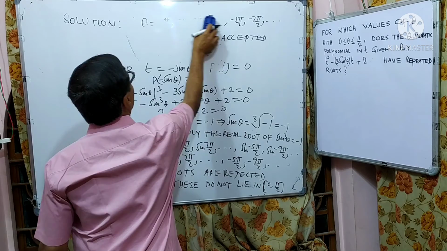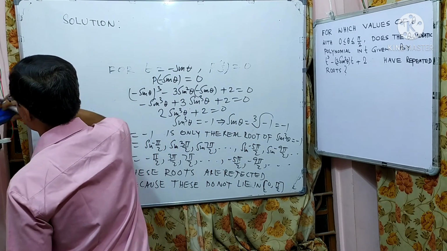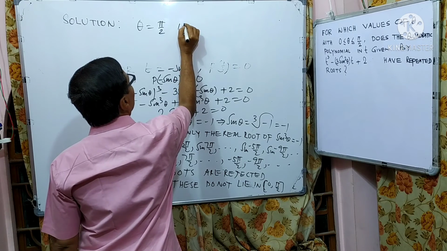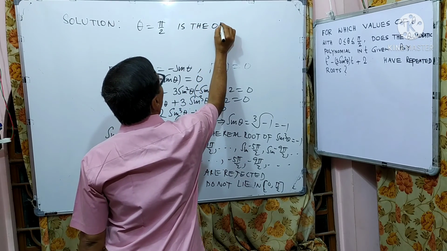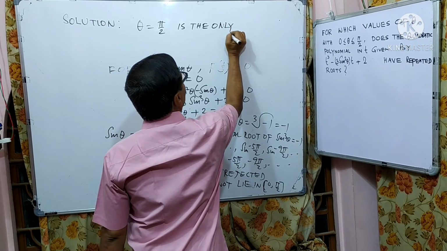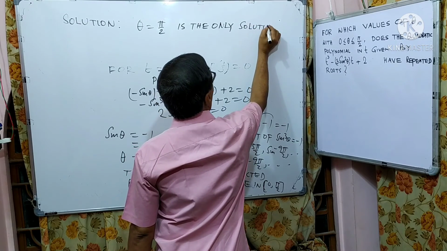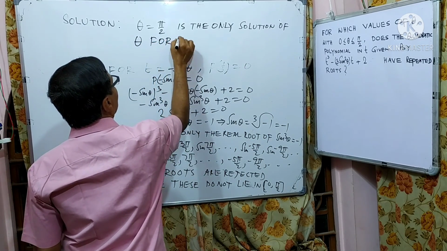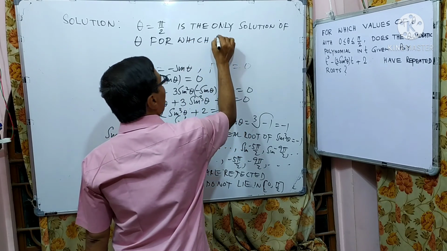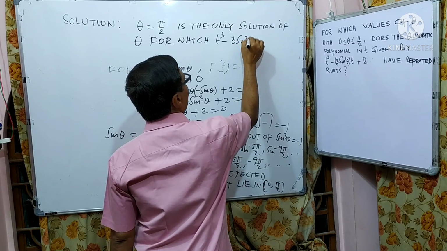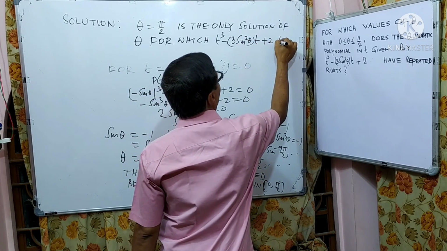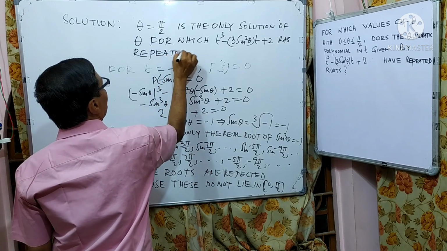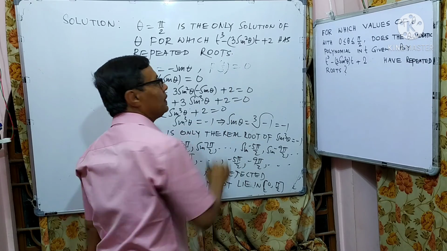So theta equal to pi by 2 is the only solution of theta for which t cube minus 3 sin square theta into t plus 2 has repeated roots.